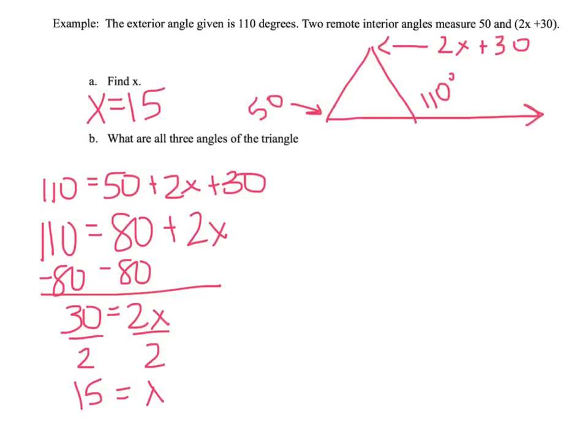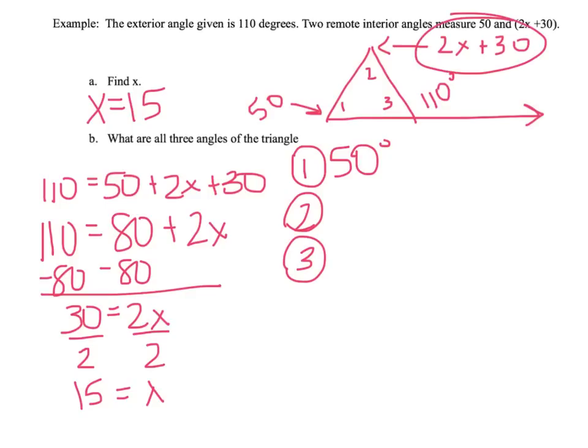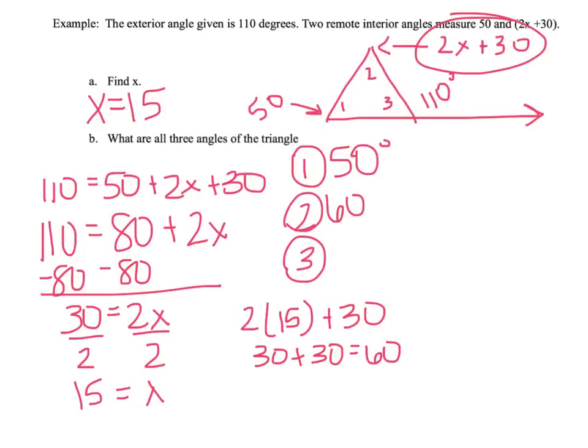So now we want to figure out what all three angles in the triangle are. We know angle 1, 2, and 3. Angle 1 is 50 degrees because that was given. Angle 2, 3. So to find angle 2, we're going to plug x is 15 into this. So 2 times 15 plus 30. So 2 times 15 is 30. 30 plus 30 is 60 degrees.